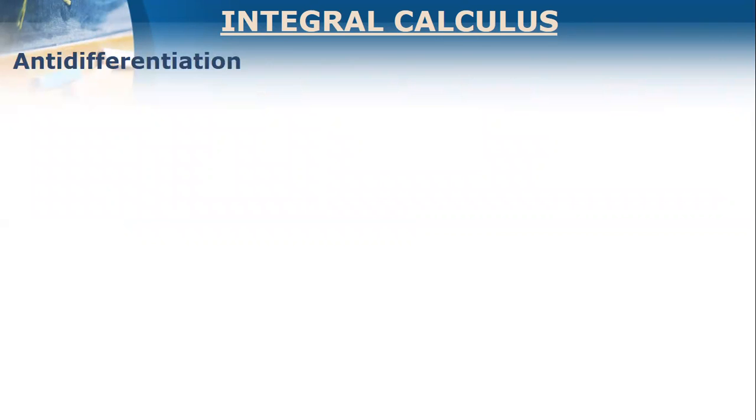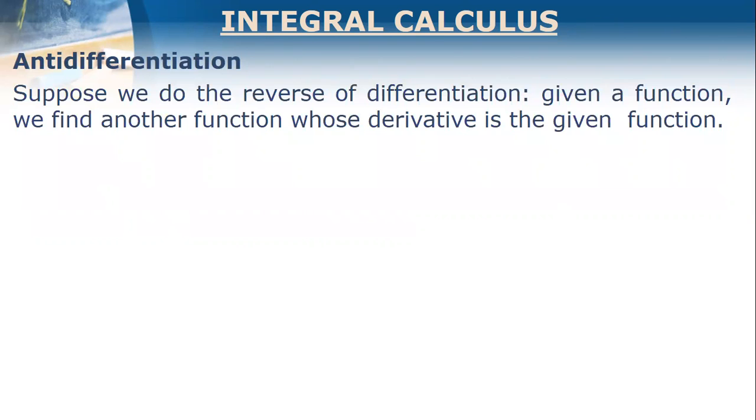Okay, so let's talk about antidifferentiation. Suppose we do the reverse of differentiation. Okay? Like, given a particular function, we find another function whose derivative is the given function. Okay? So, natay given a function ba?